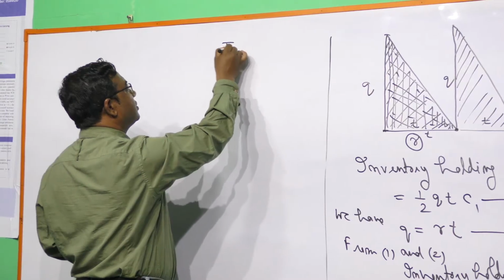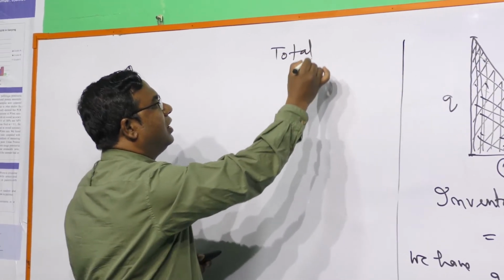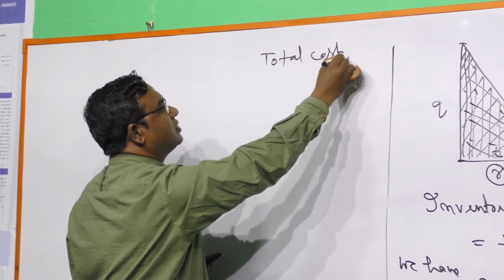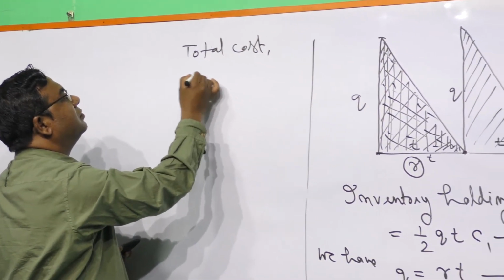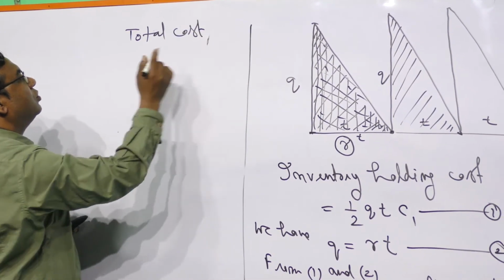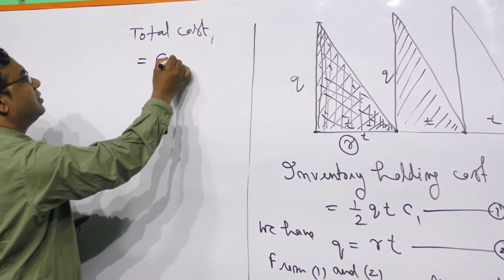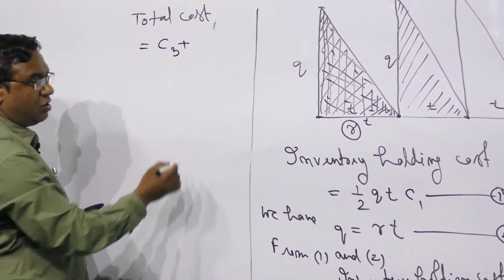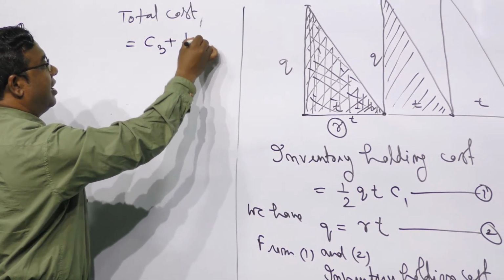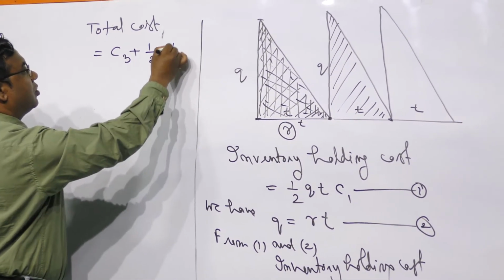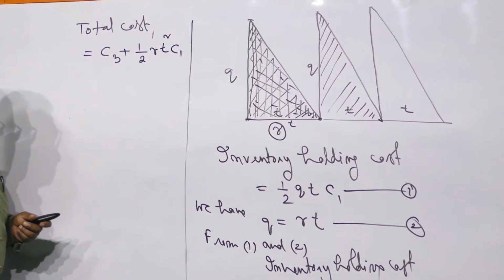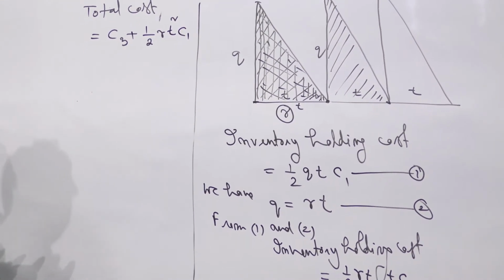Then the total cost equals setup cost plus inventory holding cost, half R T square C1. This is the total cost.